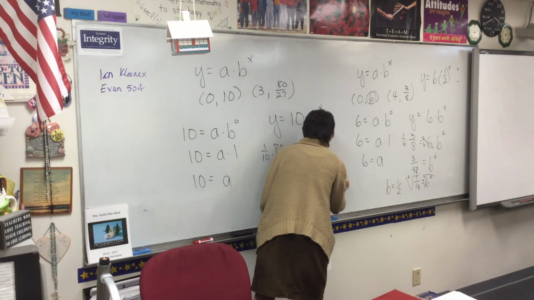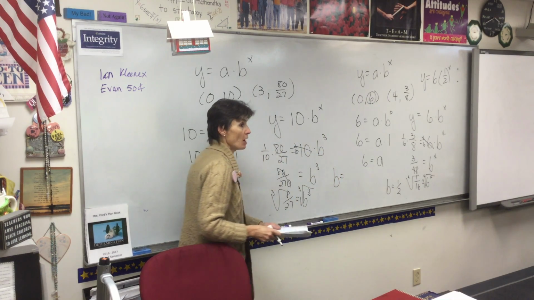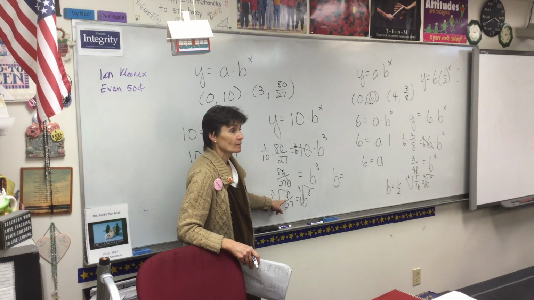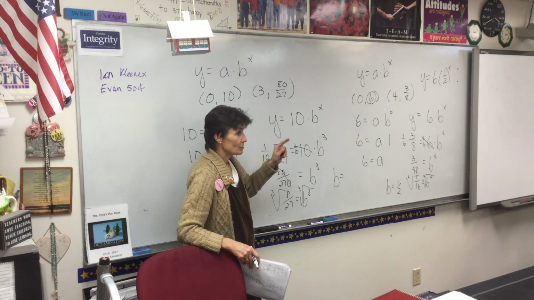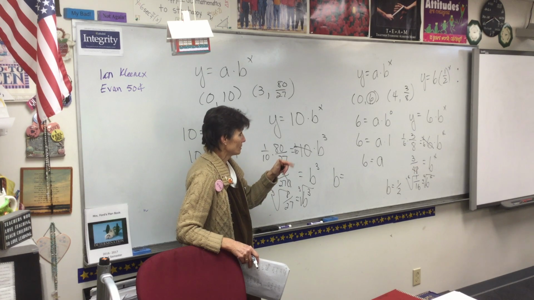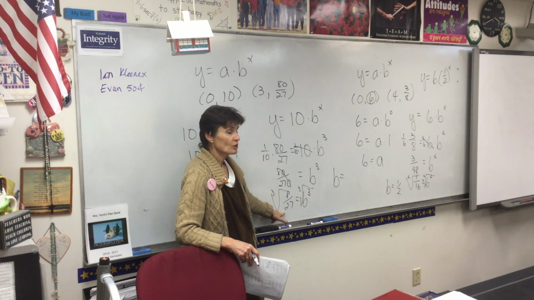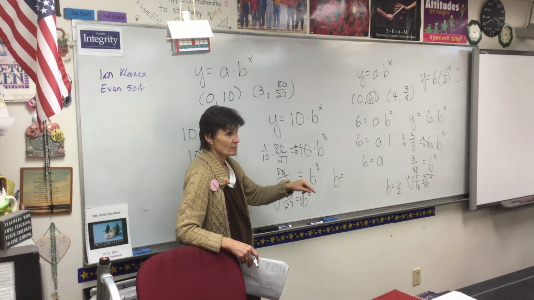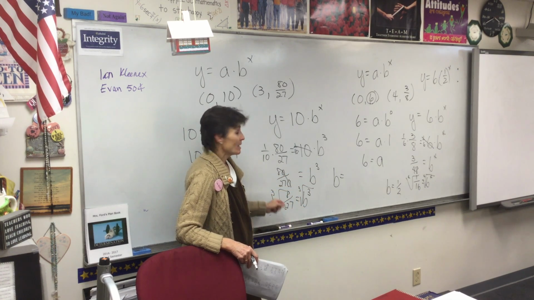And again, I expect you to know that the cube root of 8 is 2, because 2 times 2 times 2 is 8. That's what it means to be a cube, right? And I expect you to know the cube root of 27 is 3. 3 times 3 times 3 is 27.